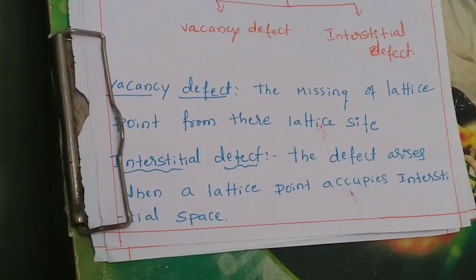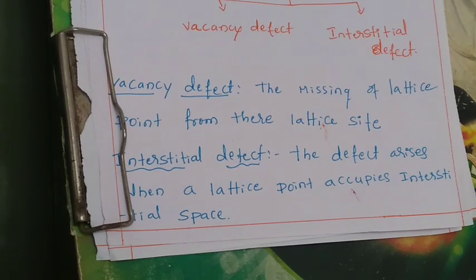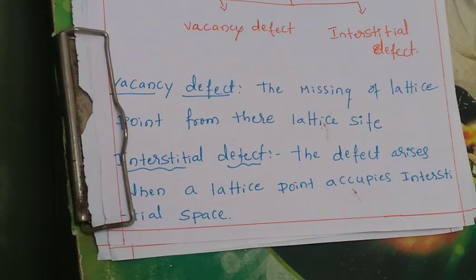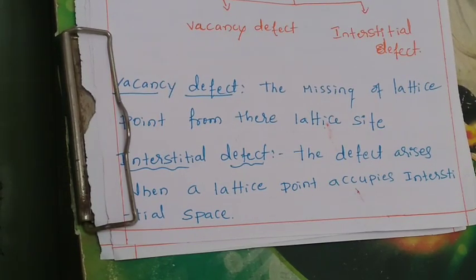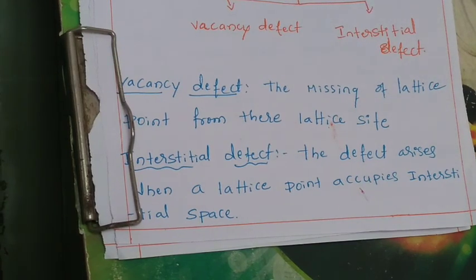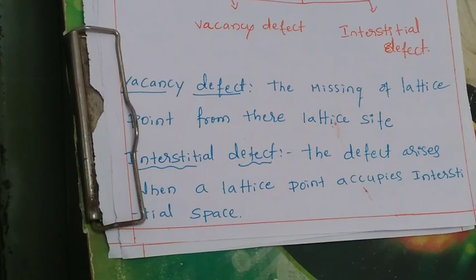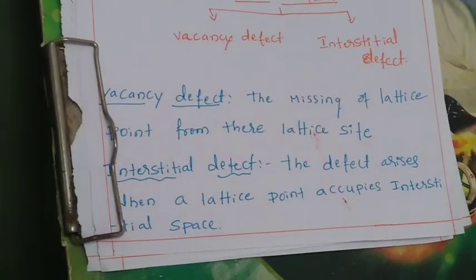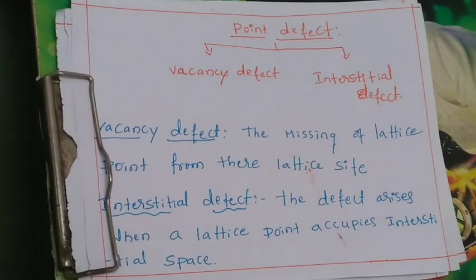Stoichiometry means the ratio between the cations and the anions present in an ionic crystal is called as the stoichiometry of that ionic crystal. So next, the classification of point defect or stoichiometric defect.